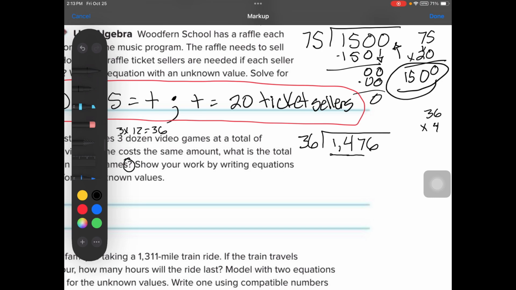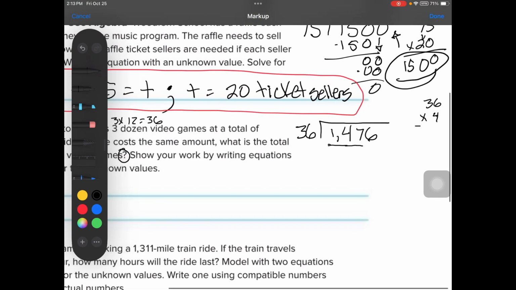And then maybe we'll do 36 times 3. All right, 36 times 4. 4 times 6 is 24. 4 times 3 is 12, 13, 14. That might be what we're looking for because that's pretty close. I don't think 36 times 3 would work out for us. So let's do a 4 right here.